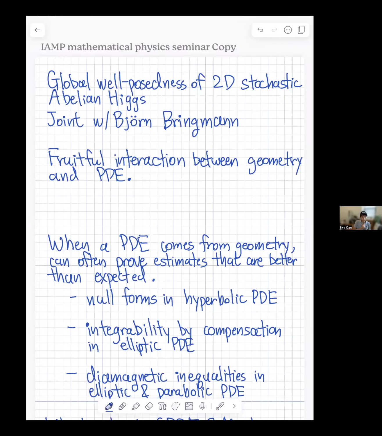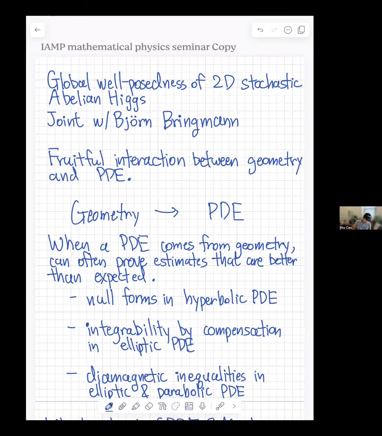And it's actually often the case that geometry informs PDE, in the sense that if you have a geometric PDE, or if your PDE comes from geometry, then oftentimes you can prove better analytic estimates than you might expect at first.